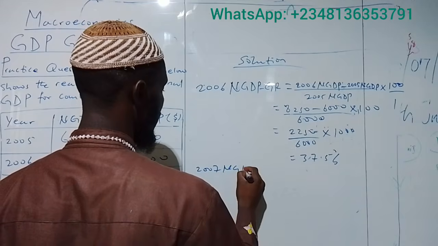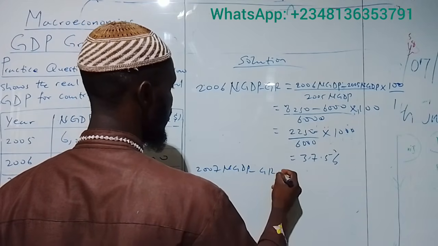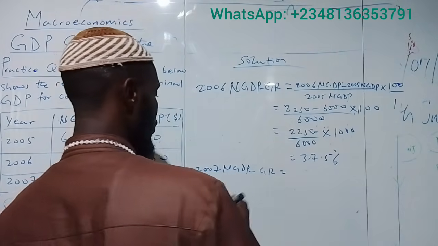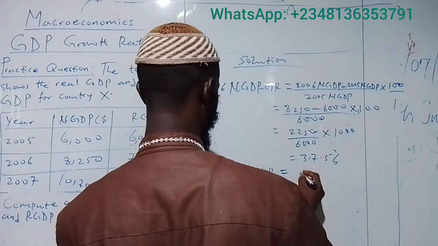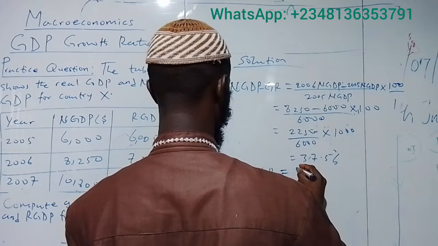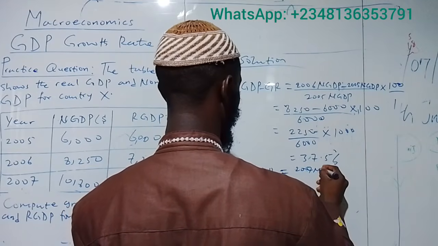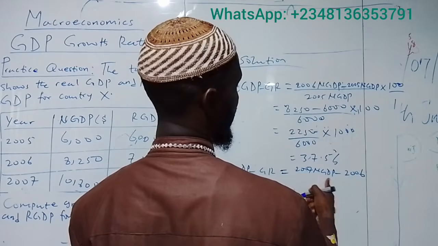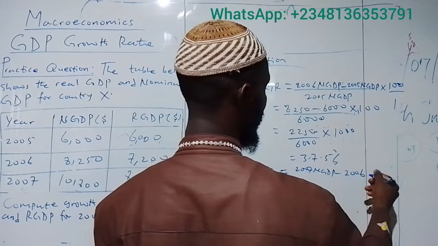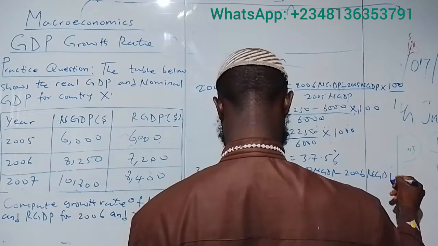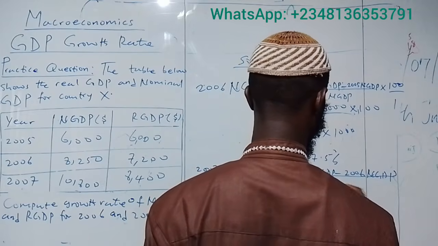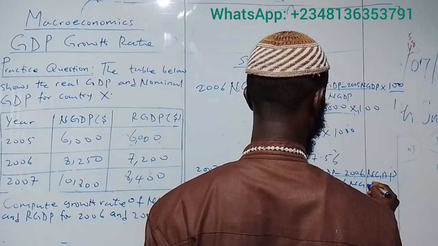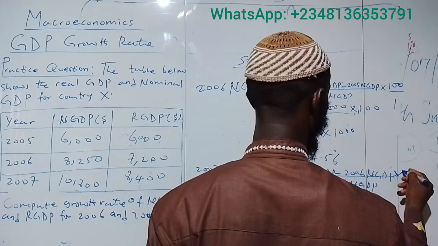So we also compute the 2007 nominal GDP growth rate. These are the new values, that is the current values. So we have 2007 nominal GDP minus the previous one, 2006 nominal GDP, which is the preceding period, then divided by the 2006 nominal GDP, multiplied by 100.